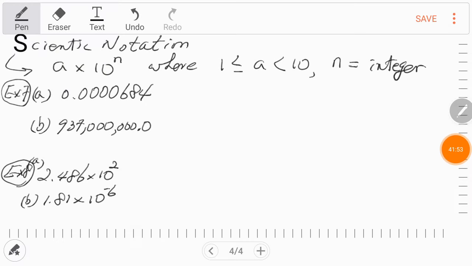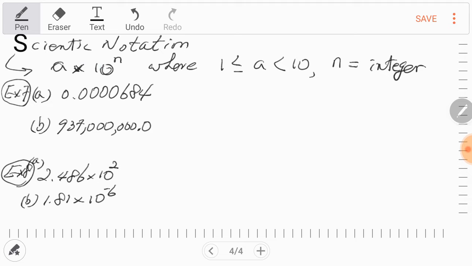Okay, in this exercise, we will learn about scientific notation. When a number is very large or very, very small, then we can write it as a number a multiplied by 10 to the nth power.